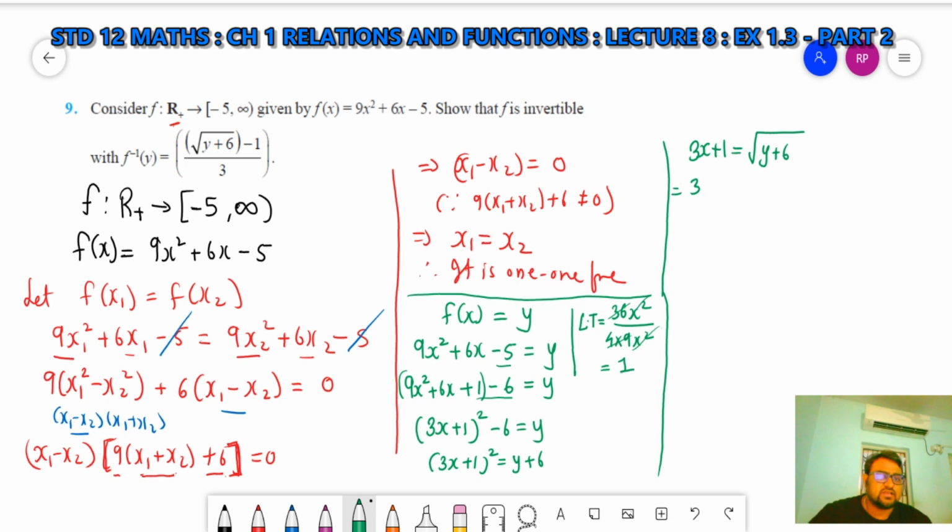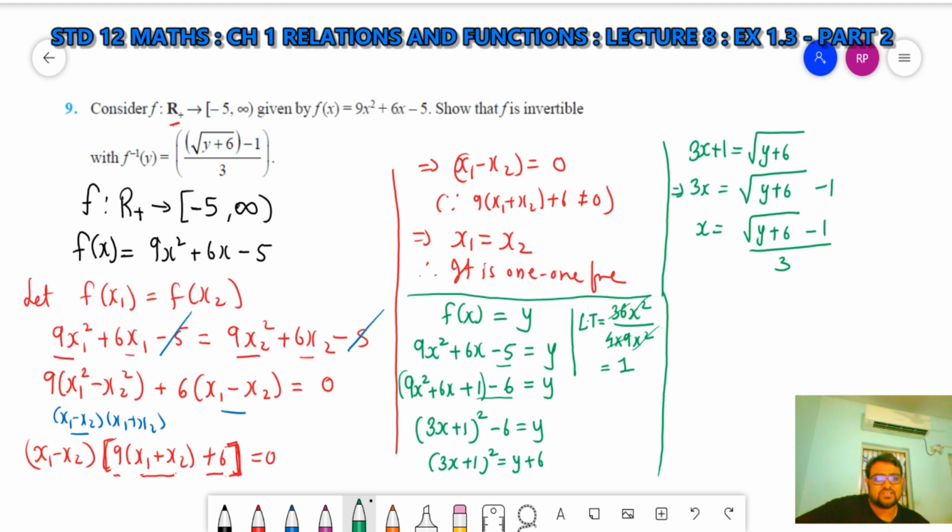So that implies 3x equal to square root of y plus 6 minus 1, and x will be equal to square root of y plus 6 minus 1 upon 3. So I got it. So I took f(x) equal to y and I proved that x is equal to this. So hence it is onto function.